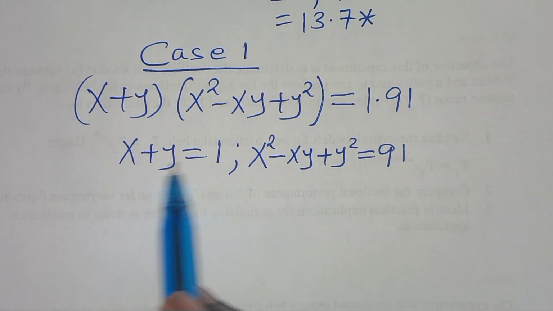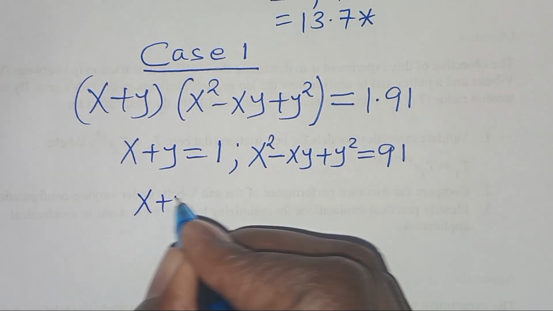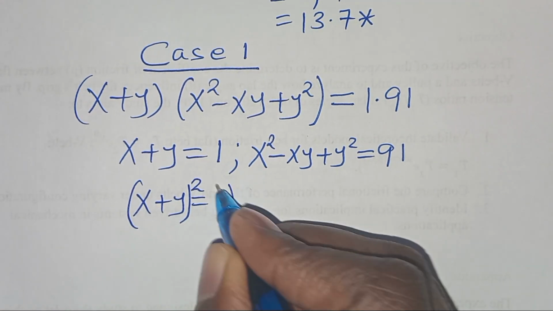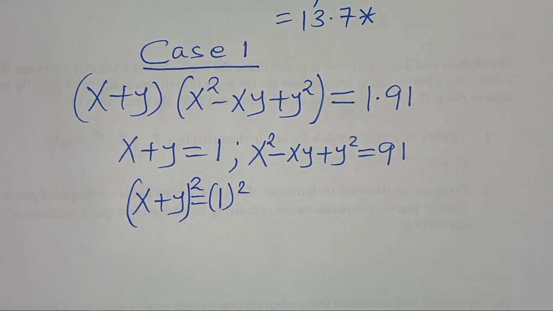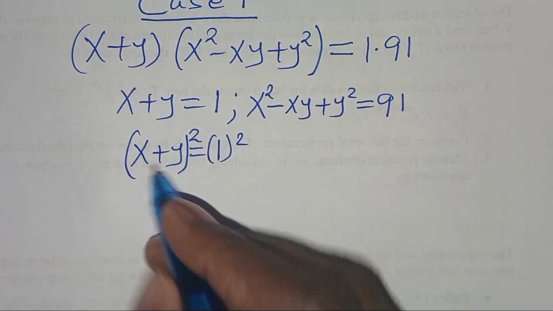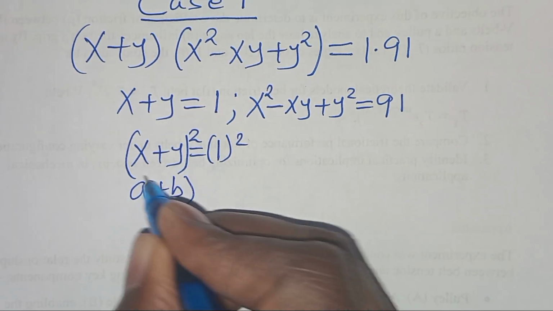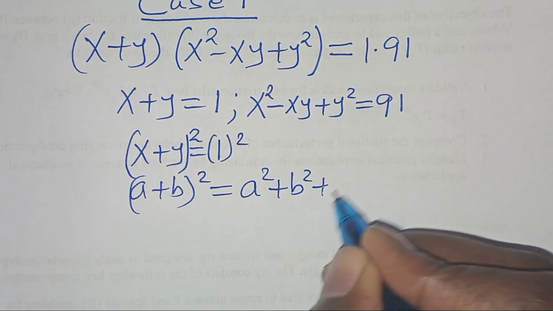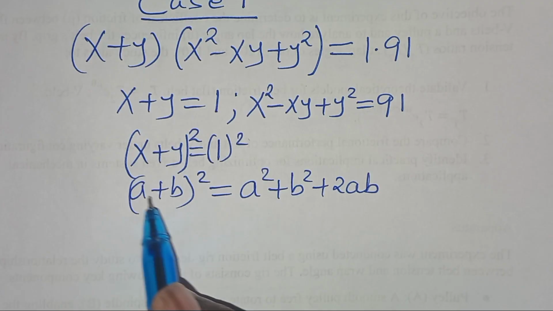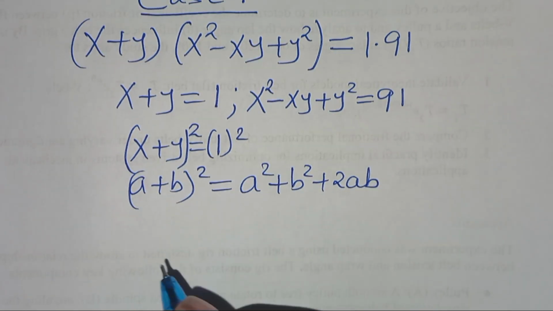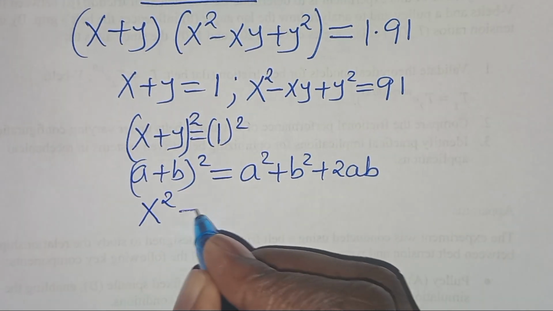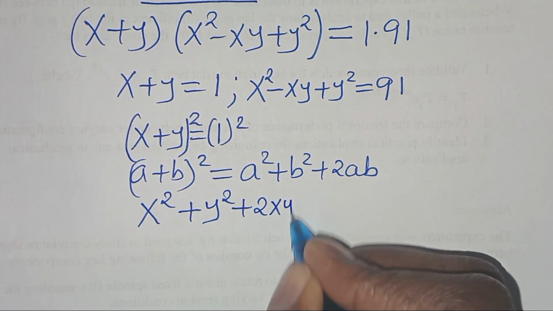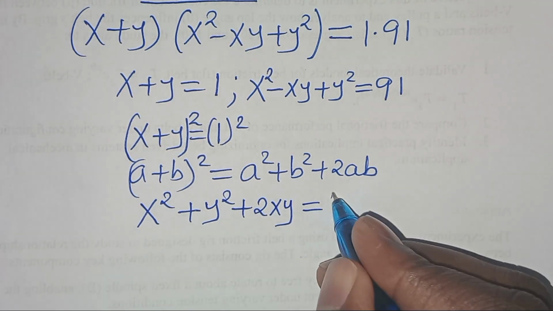So from x plus y equal to 1, we can square both sides, and you find that x plus y squared, which is in the form of a plus b squared, is a squared plus b squared plus 2ab. So applying this algebraic identity, here we have x squared plus y squared plus 2xy. This is equal to 1.